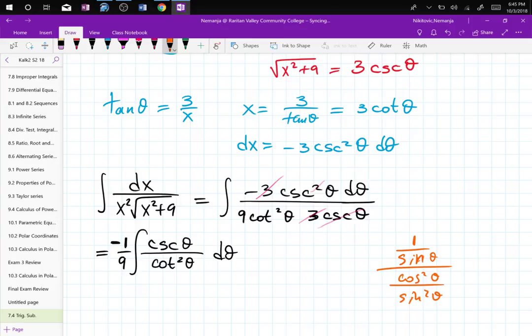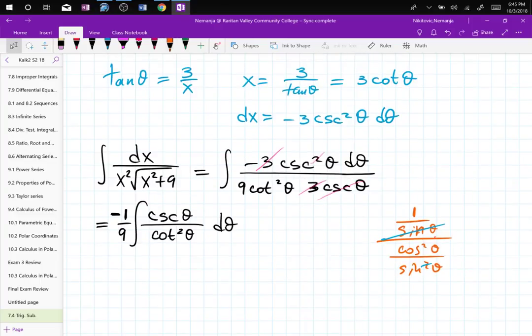Now, the sine squared will lose one of the sines. Maybe I should use a different color, blue, a complementary color. There we go. And when you solve the double fraction, you have sine theta over cosine squared theta. Yes! We have a single sine in the numerator, which means we can unleash u-sub upon this.